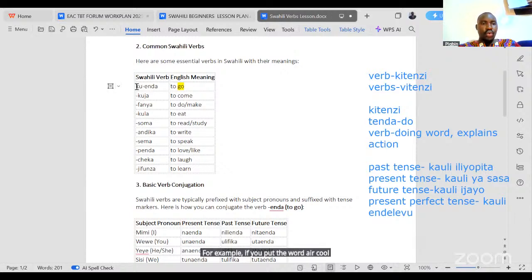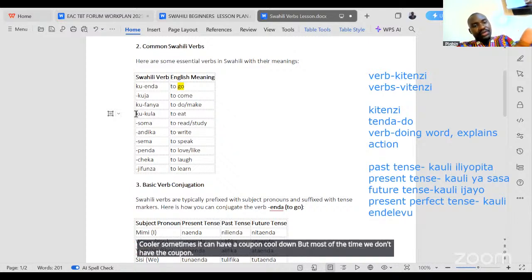If you say ku and then enda, kuenda, it means to go. But the main verb here is enda, go. Fanya will be kufanya, you put a ku, which means to do. Kula sometimes can have a ku, to say kukula, but most of the time we just remain with the first ku: kula.